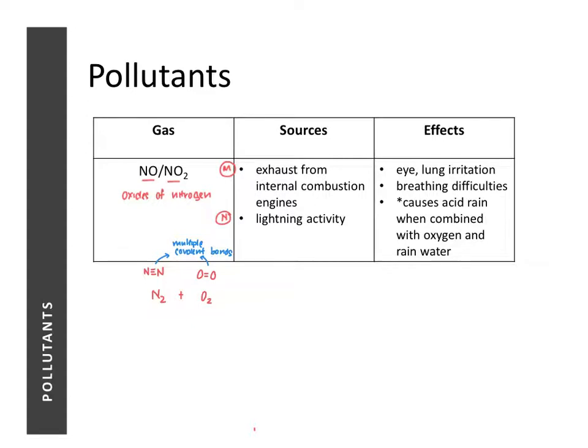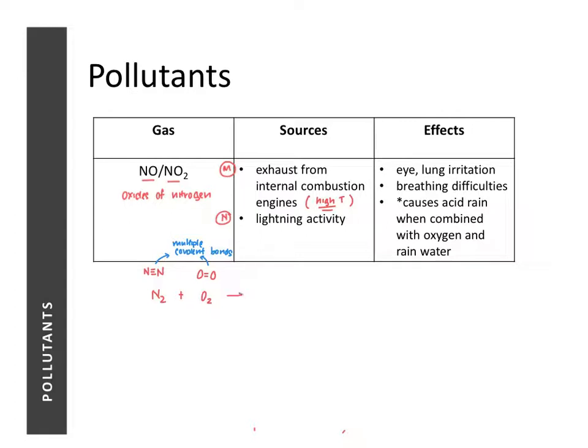So if we look at the sources again, in internal combustion engines, what happens is that we are burning fuel and the temperatures will be extremely high. Same for lightning activity. The air surrounding a lightning, due to the conversion from electrical to thermal energy, will be very hot, and high temperatures are a key element for the formation of oxides of nitrogen.